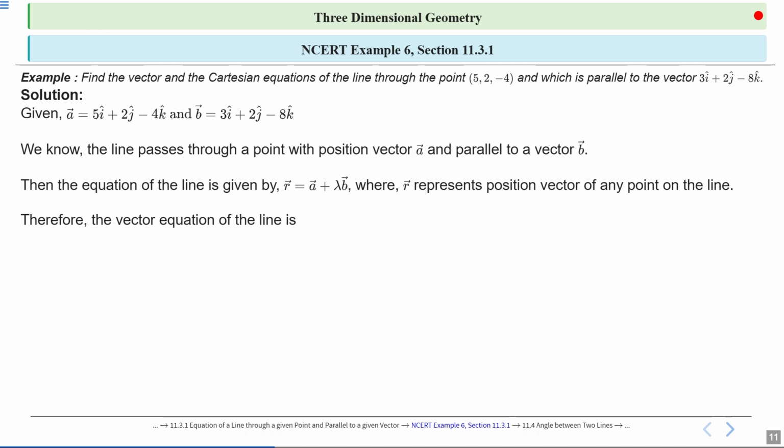Now let's substitute our given vectors into this formula to get the specific equation for our line. So now the vector equation of the line is vector r equals 5i cap plus 2j cap minus 4k cap plus lambda times (3i cap plus 2j cap minus 8k cap). This is the vector equation of the line that passes through the point (5, 2, minus 4) and is parallel to the vector 3i cap plus 2j cap minus 8k cap.